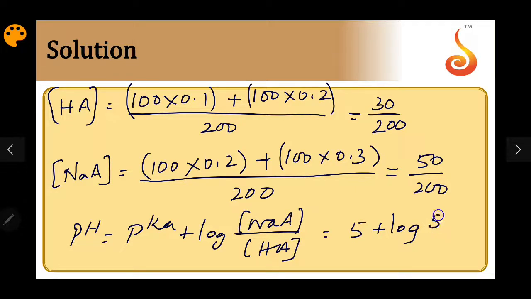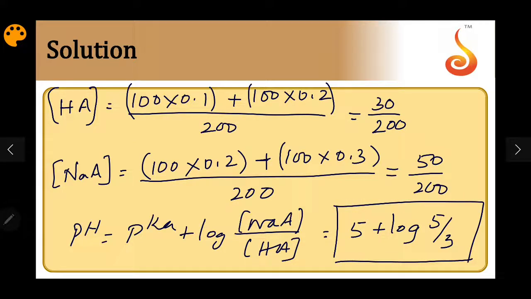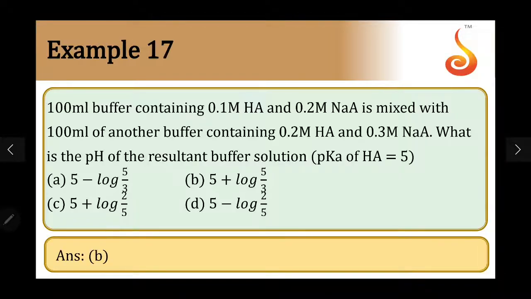I will get this as 5 by 3. So this is the value for the pH of the buffer obtained after mixing. So if you go through the options, pH is equal to 5 plus log 5 by 3. Option B is the right answer.